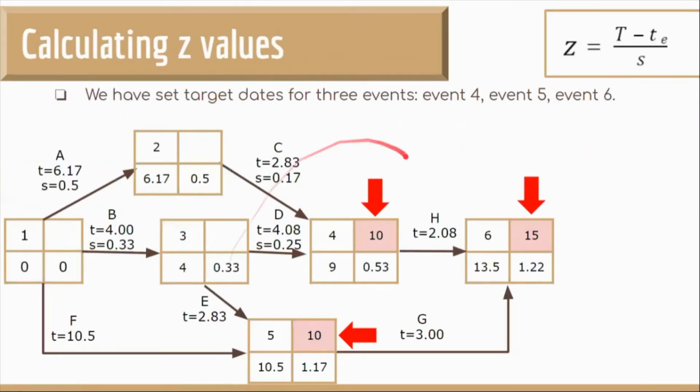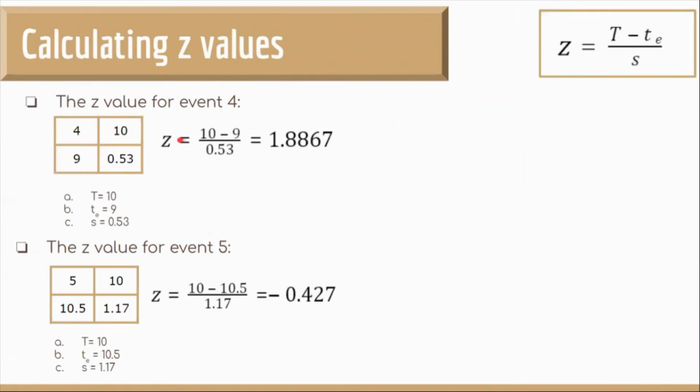Now we are calculating Z values for event number 4, event number 6, and event number 5. The Z value of event number 4 will be 10, which is the target date, minus 9, which is the expected duration, divided by the standard deviation 0.53, which will give us 1.8867.